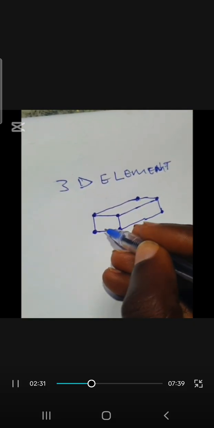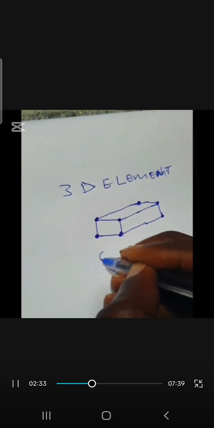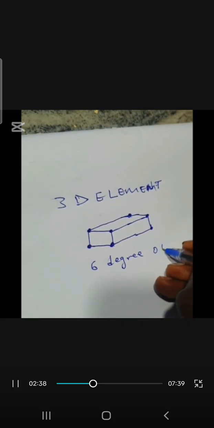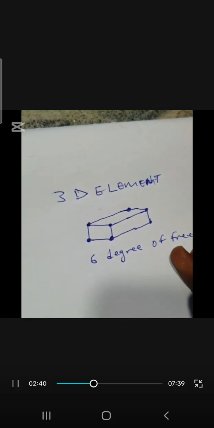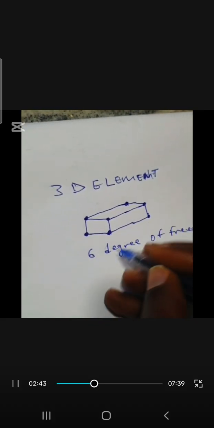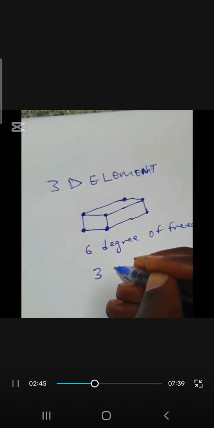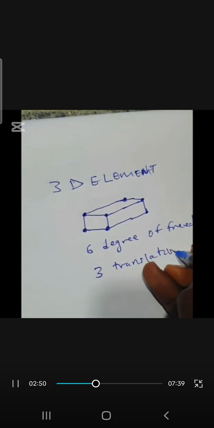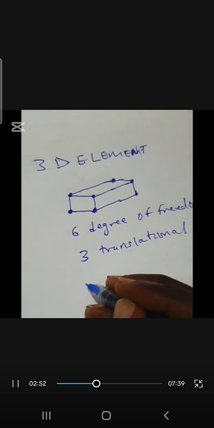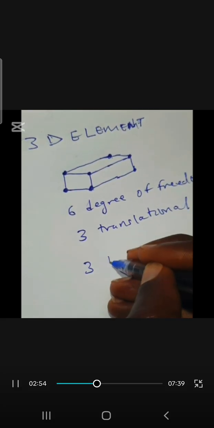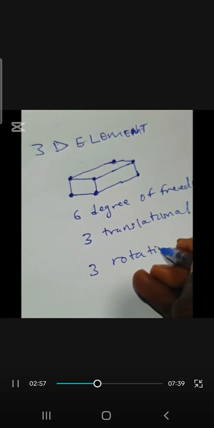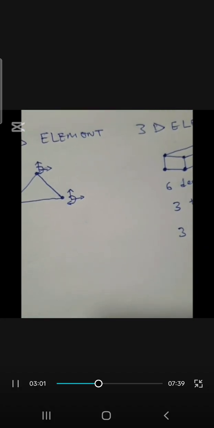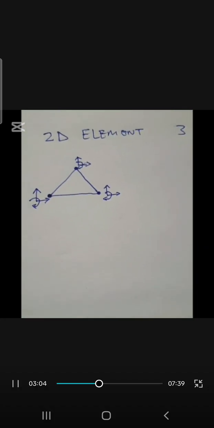So this one here, each node has 6 degrees of freedom, and 3 of them are translational. And 3 also are rotational. So that is the first thing you need to understand.